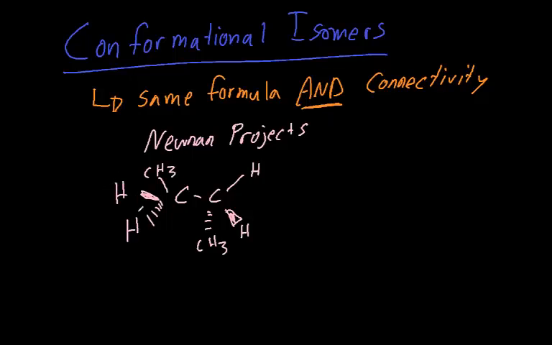Something like this, really simple. So a Newman projection would be kind of a view, if this were an eye, a view down this line of carbons. And so you would get a Newman projection.